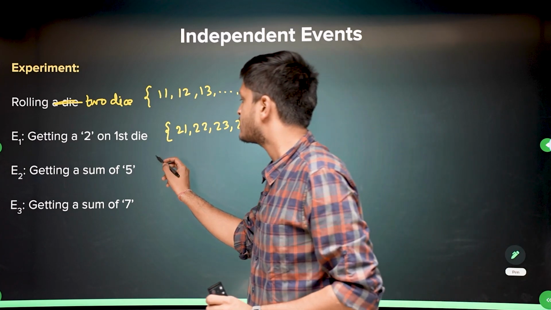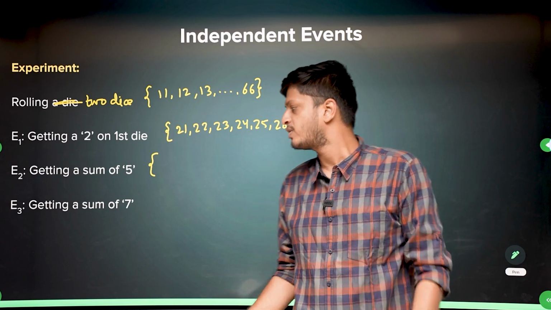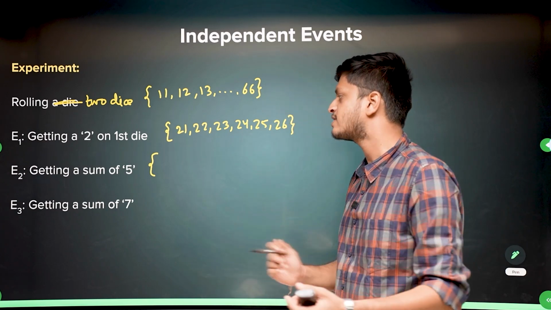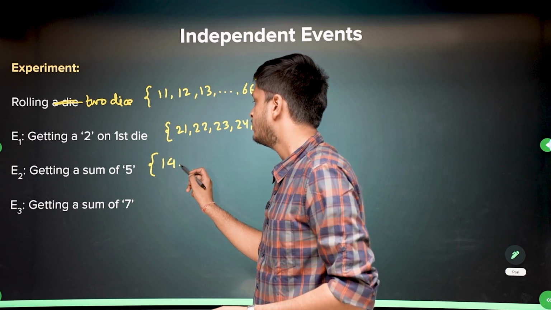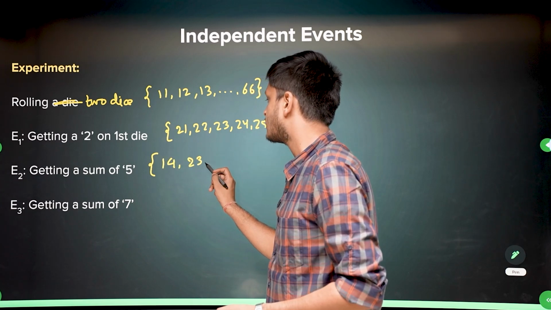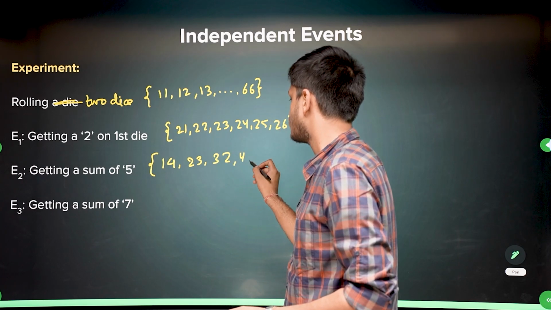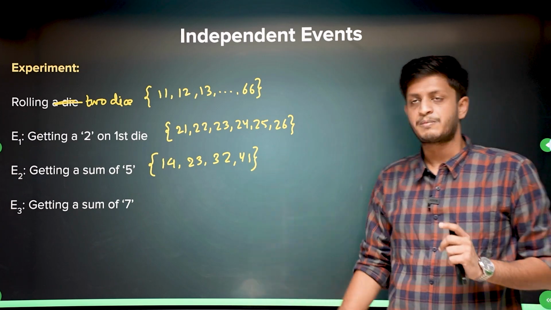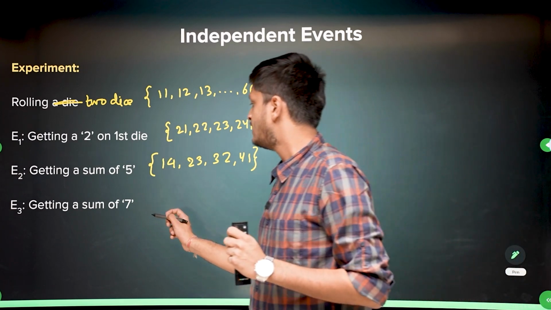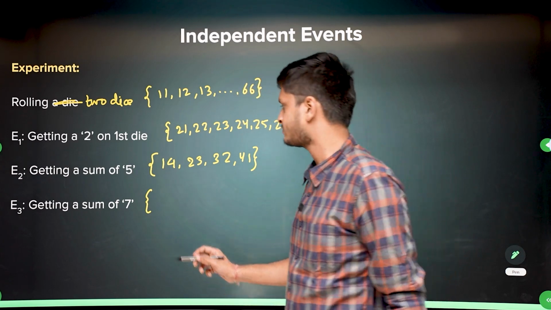Event E2 is given to be getting a sum of 5. How can you get a sum of 5? You can get 1 on the first die and 4 on the second, 2 on the first and 3 on the second, 3 on the first and 2 on the second, and 4 on the first and 1 on the second. These are the possible outcomes which will give you a sum of 5. And event E3 is given as getting a sum of 7.